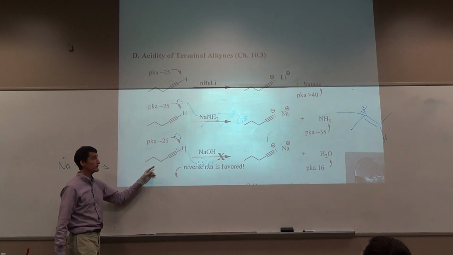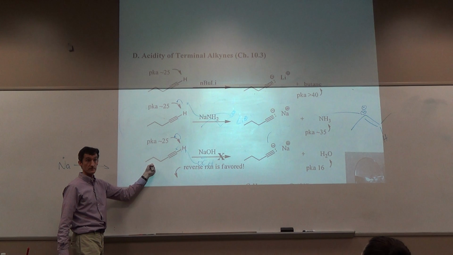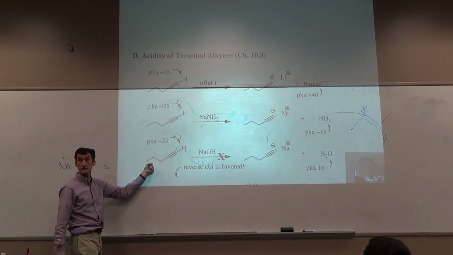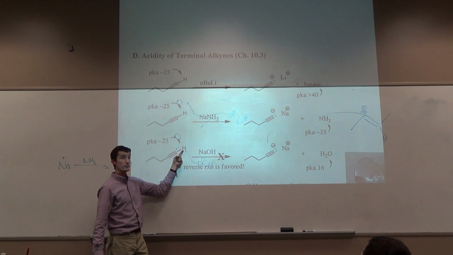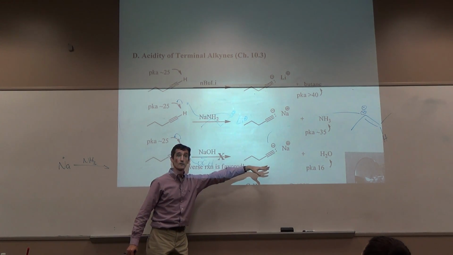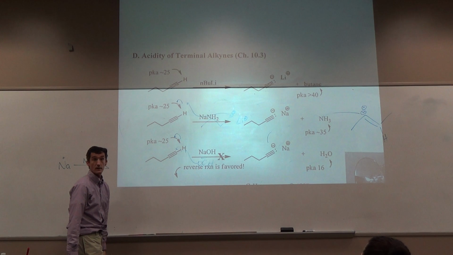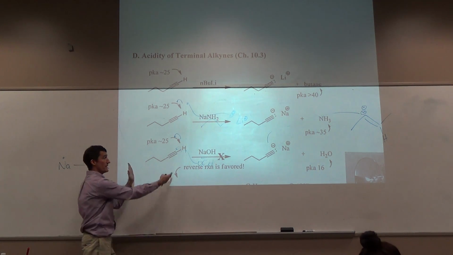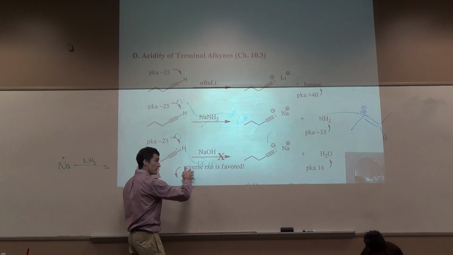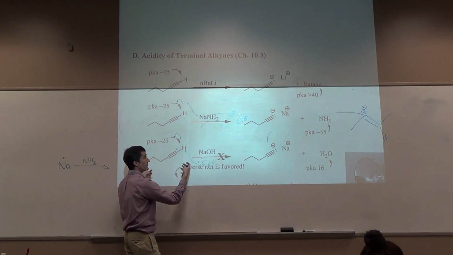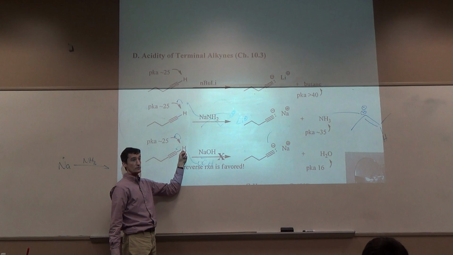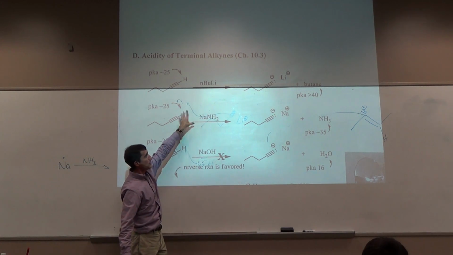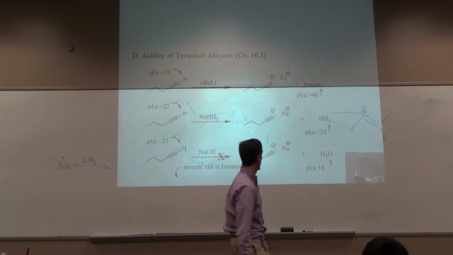The weaker acid's favored. That's the weaker acid. This side's favored, right? So the question is, is sodium hydroxide strong enough to deprotonate this and take you over there? No. I mean, this is the favored side. Whatever we say is something good to do that, not if that side's not favored. This is the favored side. The take-home is sodium hydroxide is not strong enough to do this, but those stronger bases are.